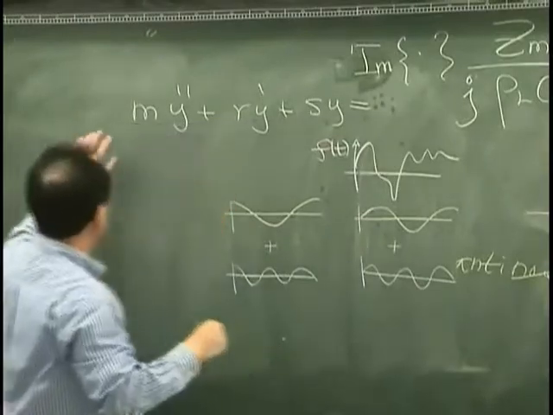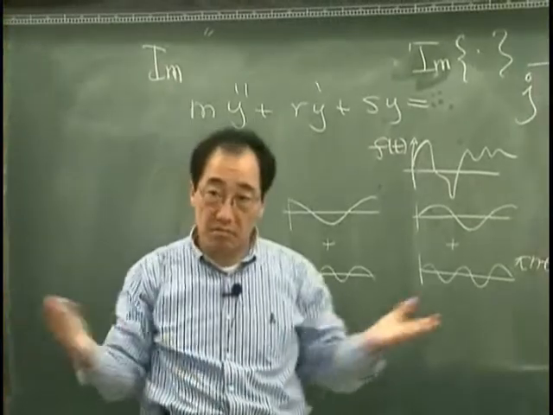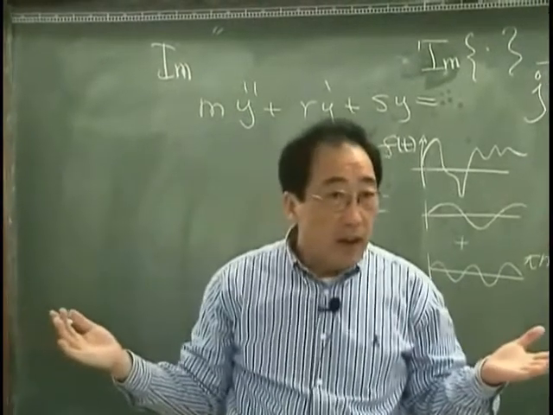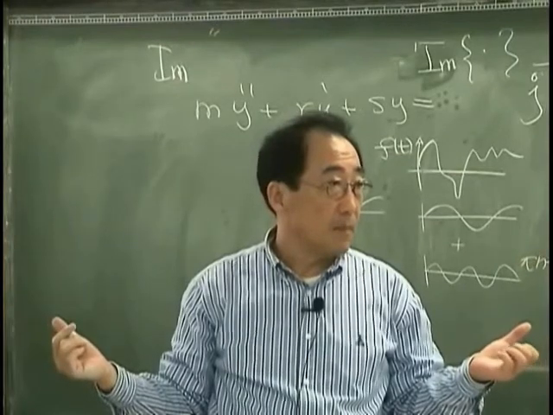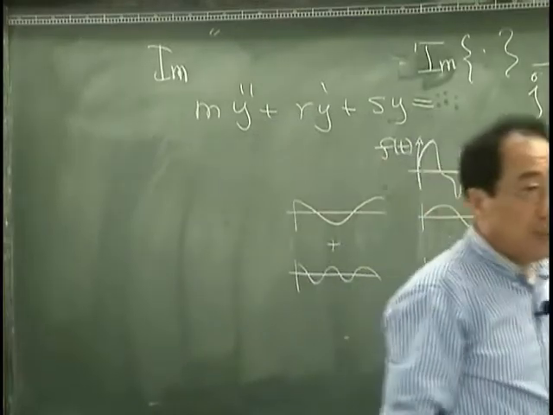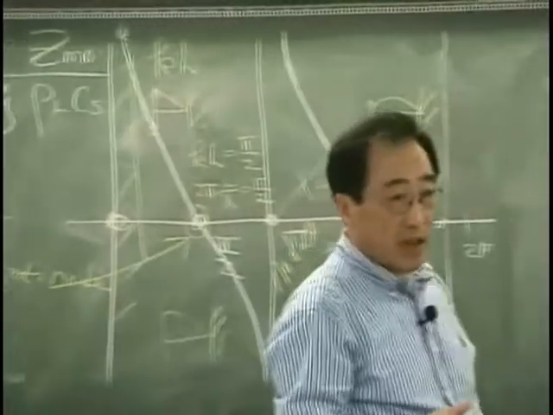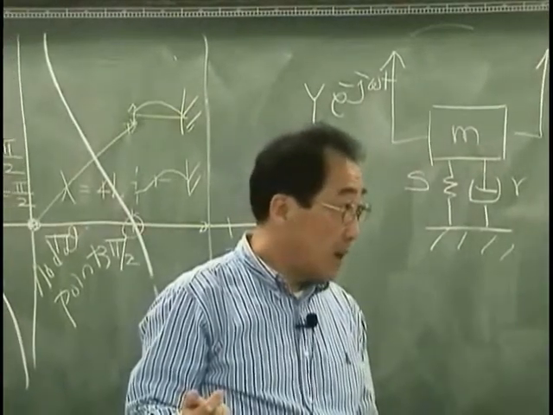Then I just take the imaginary part of the response over here. That's okay, right? Because this is a linear system. By doing this, I don't have to worry about the sine, cosine, phase, everything. Right?